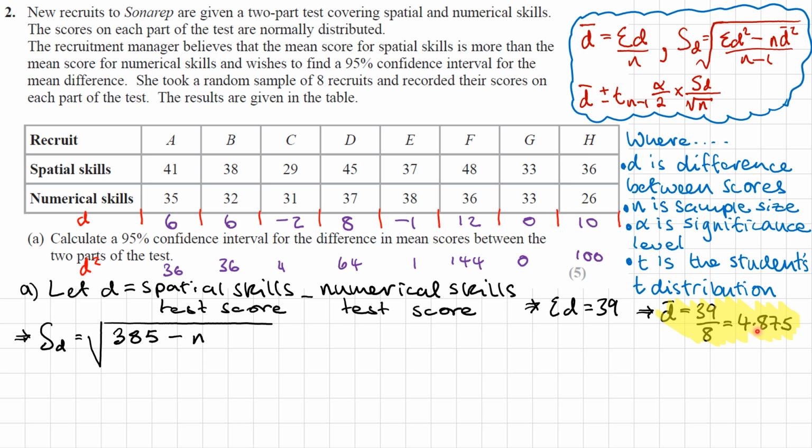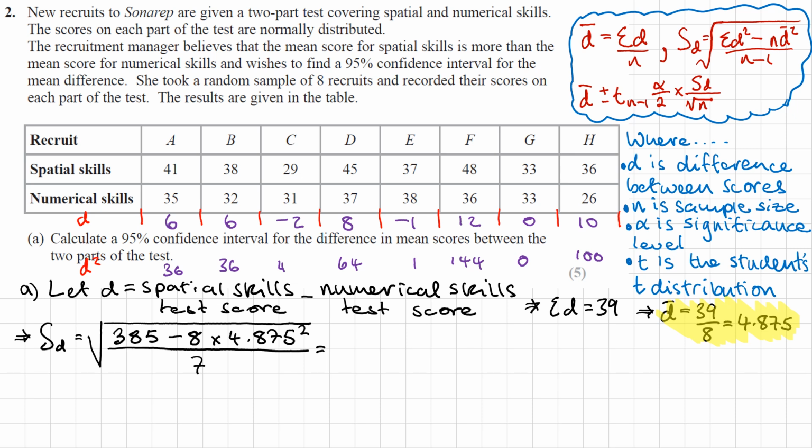So the mean is this 4.875 squared. So n, actually I can replace n with 8, I know that's the number of observations, times 4.875 squared, and that's all over n minus 1, so it's going to be all over 7. So work that out on our calculator and see what we get.